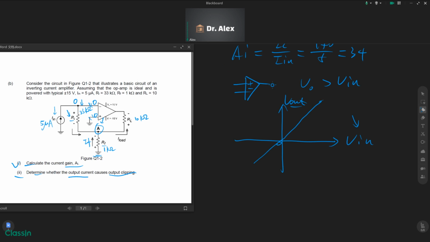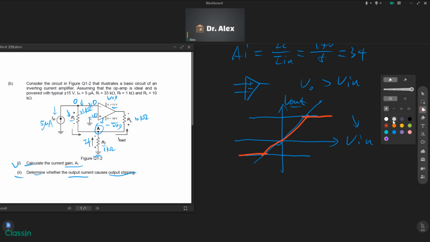So the output voltage will be limited by these two voltages, which are VDD and minus VDD. So it should be like this. Here, you see? So the real output voltage should look like this, like the red curve described.